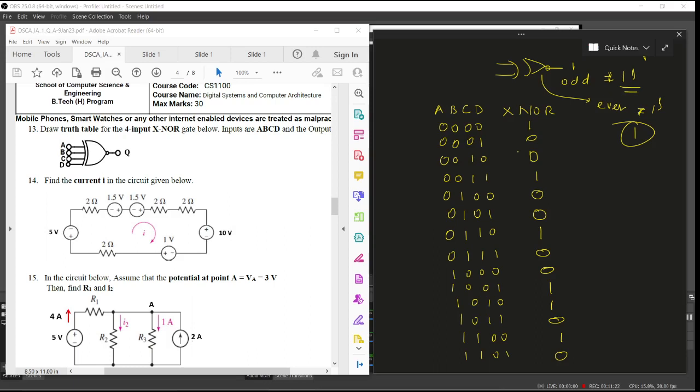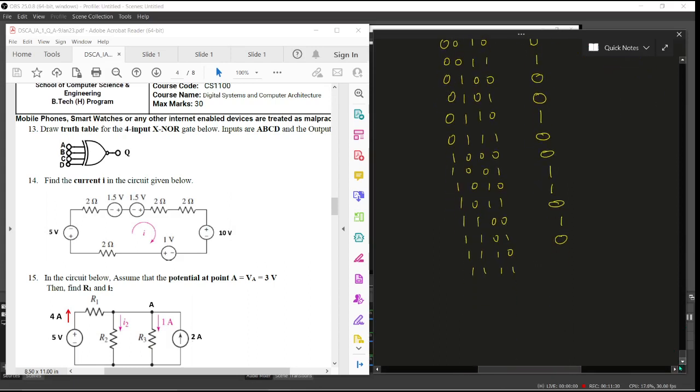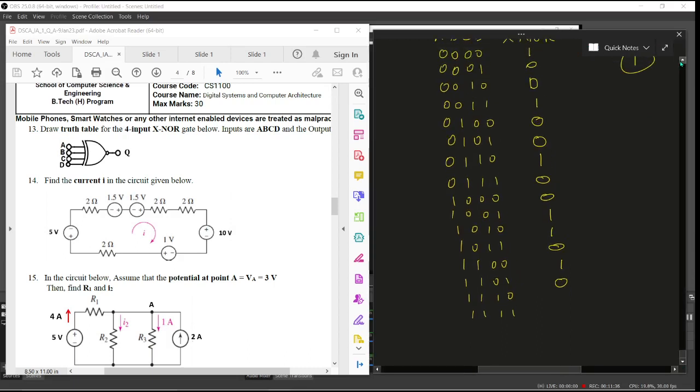Now one number is missing out. One second. Okay, let me show all the numbers. So 1110 has an odd number of ones, and this is an even number of ones.